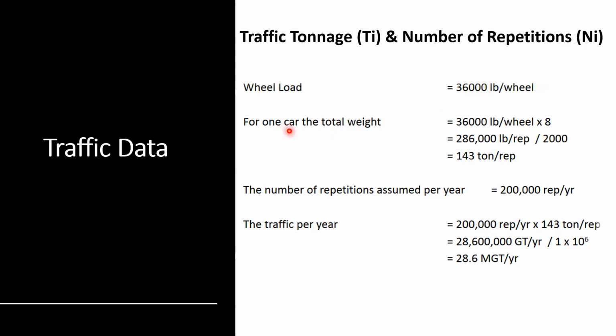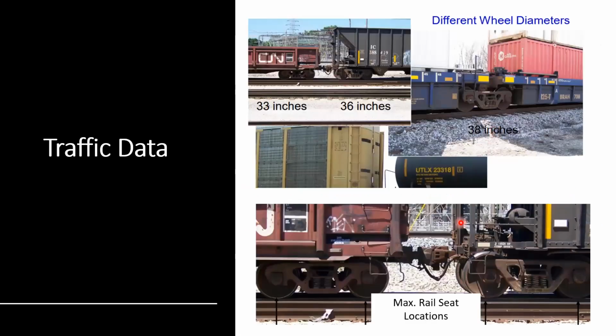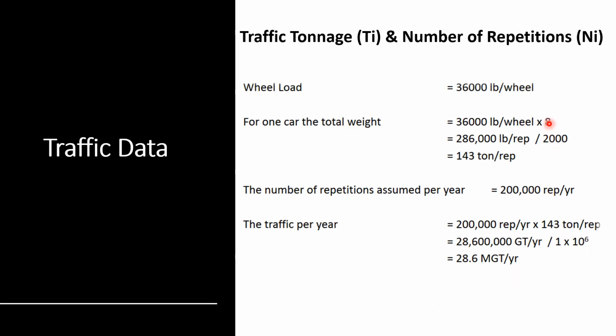Then for one car, given the critical simulation of loading on the embankment, you have 1, 2, 3, 4 times 2, so 8 wheels. This would be the total load at the critical situation, which is equivalent to 140 tons per repetition. For the number of repetitions, you can assume, just for simplicity, 200,000.